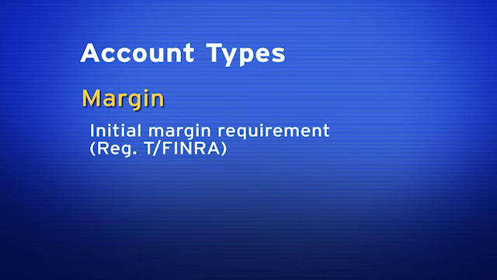Let's talk about the initial margin requirement. A few moments ago, we talked about Reg T, the amount the customer must deposit when buying in a margin account. But if it is the initial trade, how much does the customer have to deposit? They've got to meet the Reg T requirement or FINRA's requirement, whichever is greater.